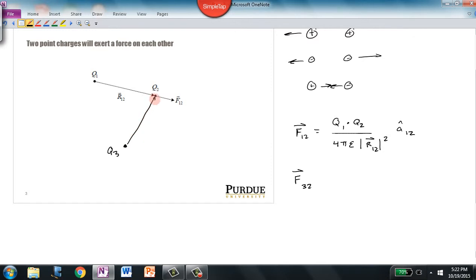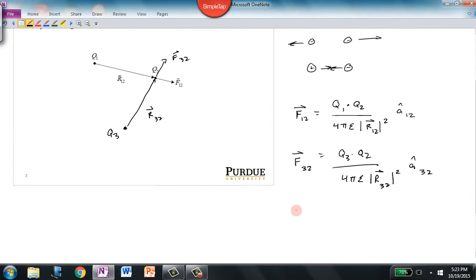I would draw the vector R32, and it would have a force F32 acting on it, and that would be Q3 times Q2 over 4 pi epsilon magnitude of R32 vector squared a hat 32. And the total force then in this situation is just going to be F12 plus F32. Not B32, F32, excuse me. And this law is called superposition.